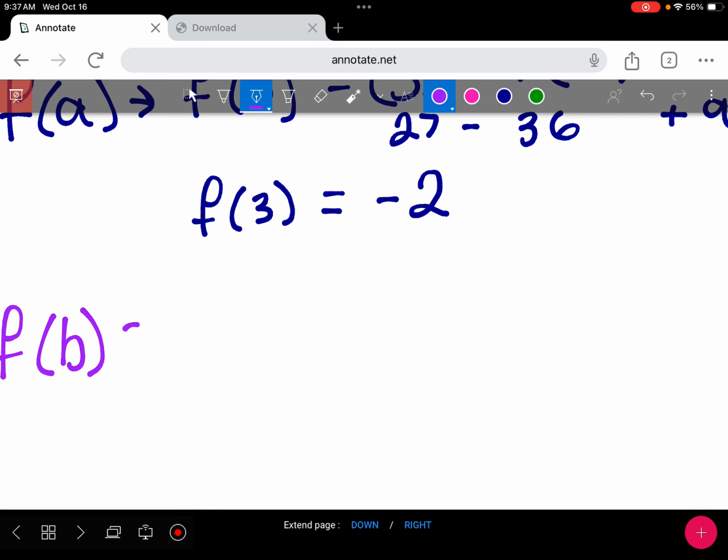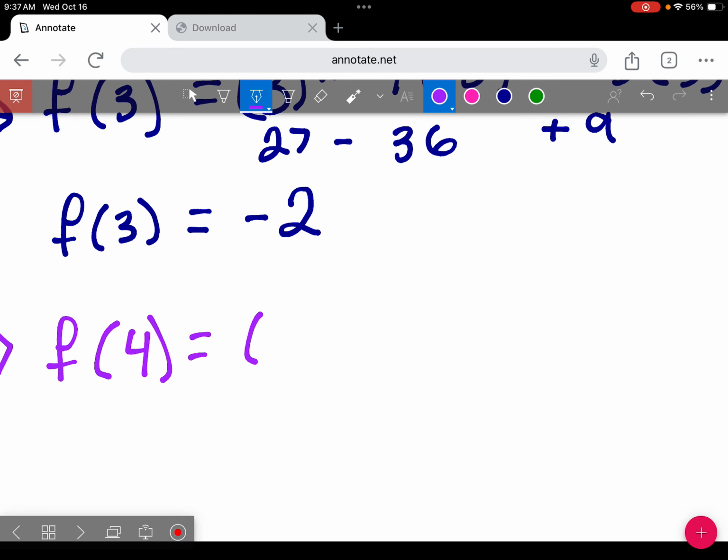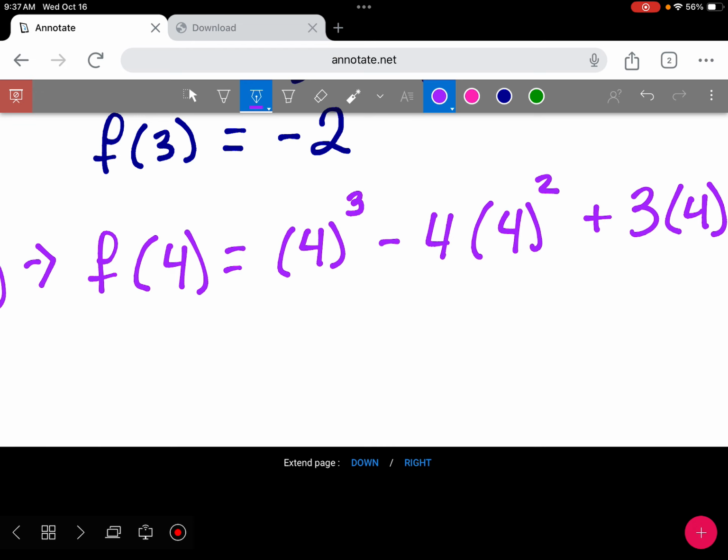Then we're going to look at f of b. So this is f of 4. So substituting into that same equation, we're going to have our 4 cubed minus 4 times 4 squared plus 3 times 4 minus 2. So our f of 4 is 10.